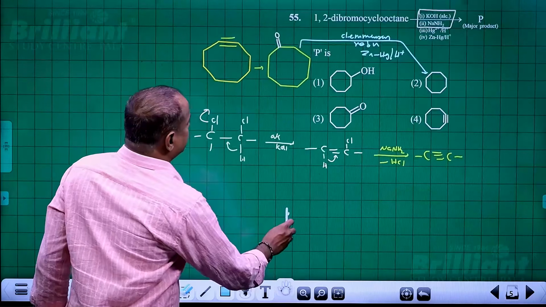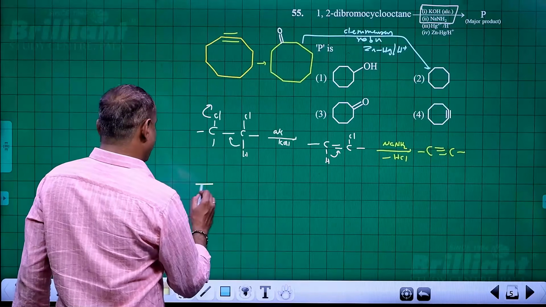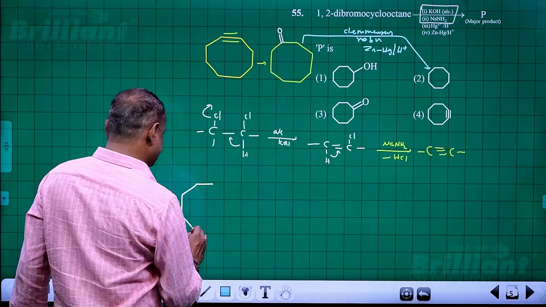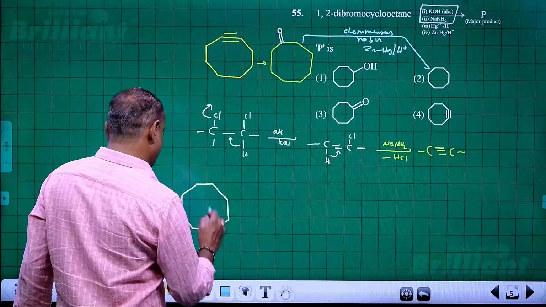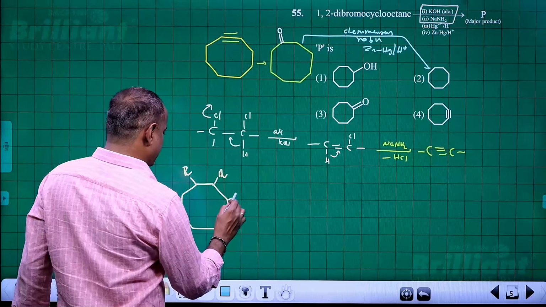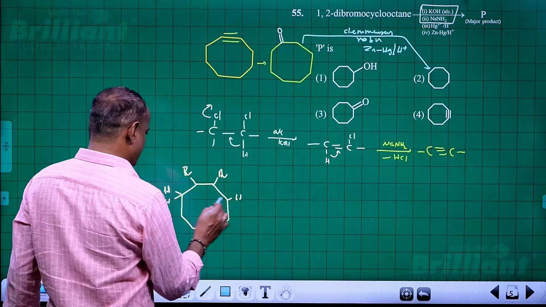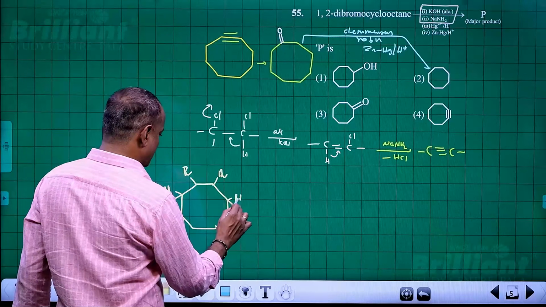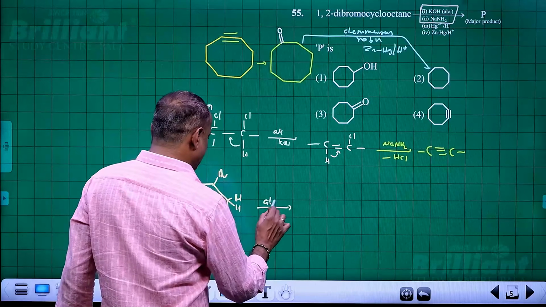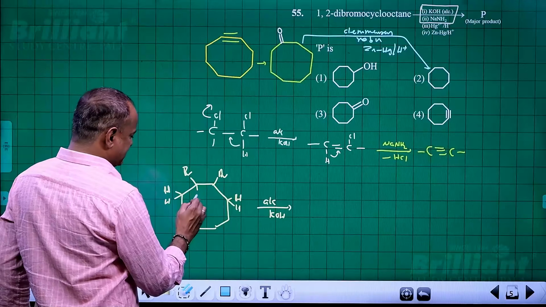But the first one, look, we can take the first step with bromine. Here H is present, here also H is present. Alcoholic KOH, here one H is present.